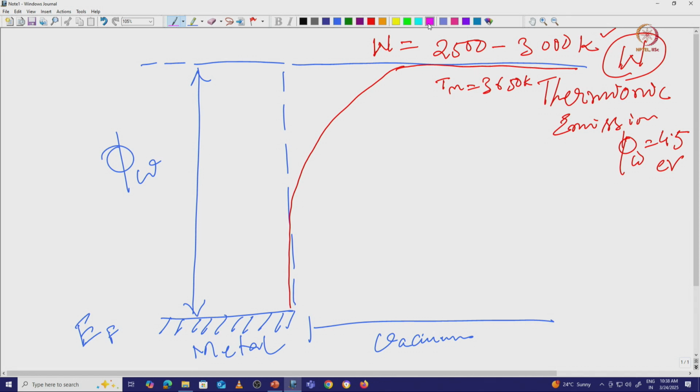Now what about the other? I will use a different color to show you. For Schottky emission you will get a similar kind of curve, which goes through this, then there is a change in the path and it goes like that. This is called Schottky emission.